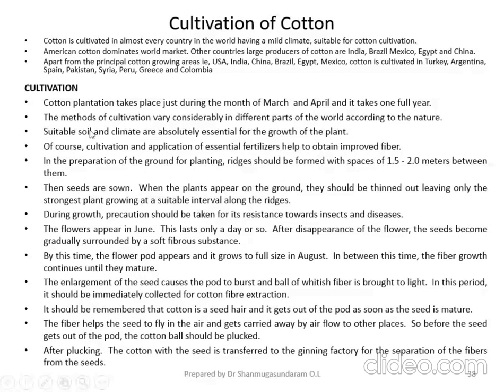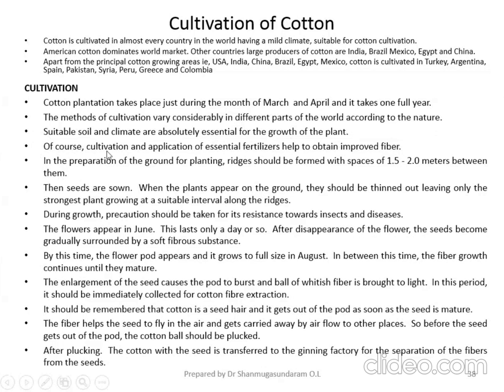Suitable soil and climates are absolutely essential for the growth of the plant. Most of you might be coming from an agriculture background. You can come to know how difficult it is to cultivate the cotton fiber. So suitable soil and climatic conditions are essential for the growth of the plant.